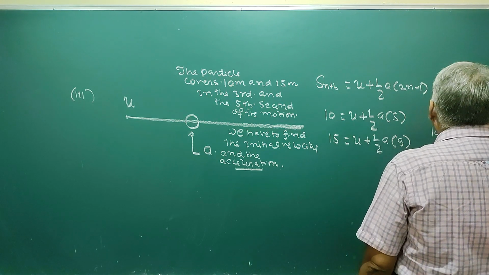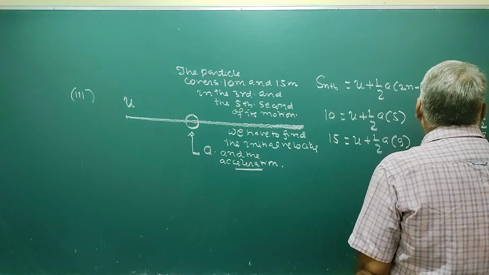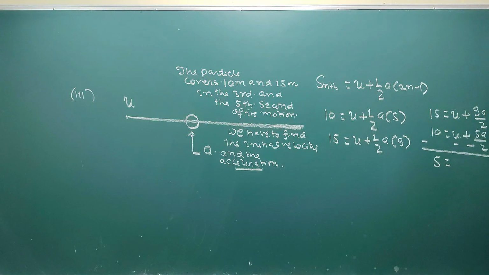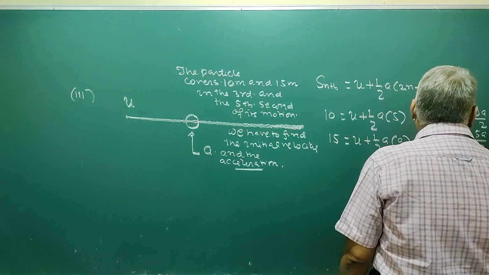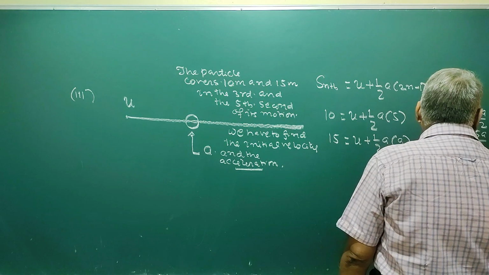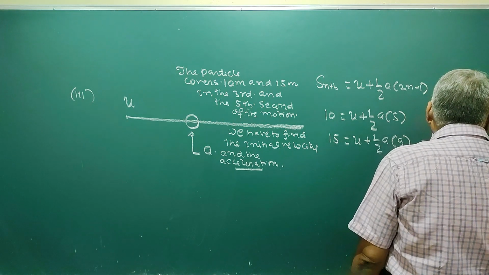Very simple. Let us subtract these. And 5 is equal to, see, u will cancel out, and this will be 2, and the acceleration a will be equal to 2.5 meter per second square.